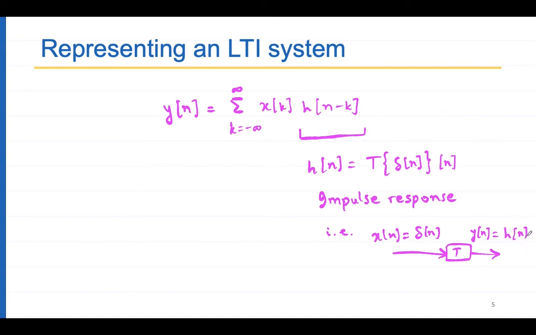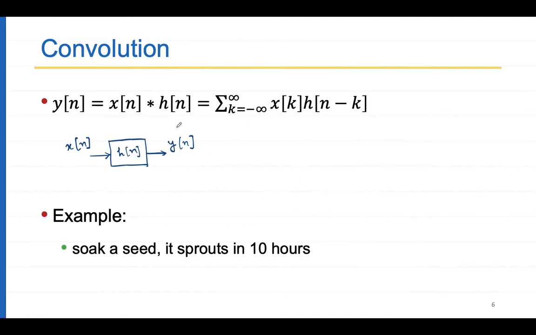So in this way, I can specify an LTI system by just specifying the impulse response. And using this, you can construct output y of n for any given input sequence x of n.